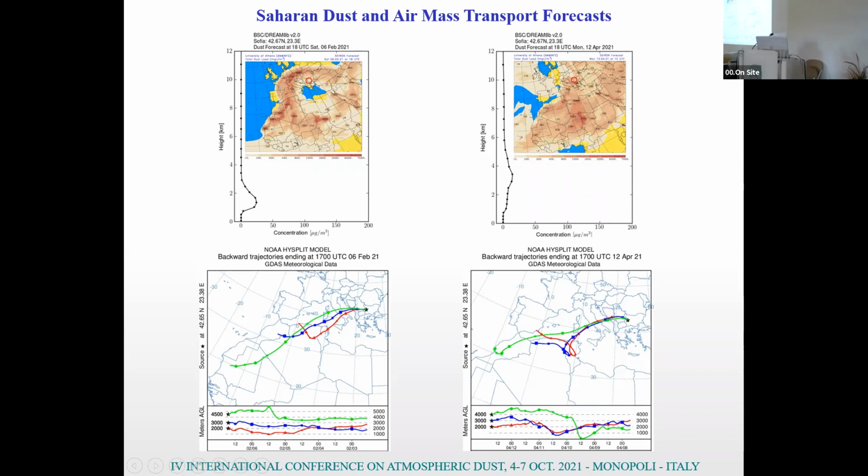The two lower diagrams show backward trajectories ending above Sofia during the layer measurements, by the HYSPLIT model of the National Oceanic and Atmospheric Administration of the USA.